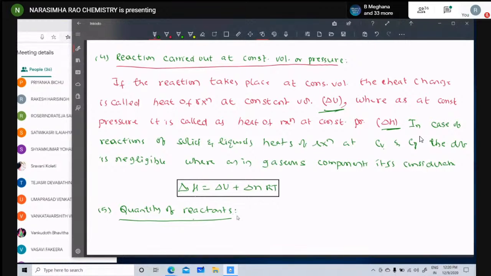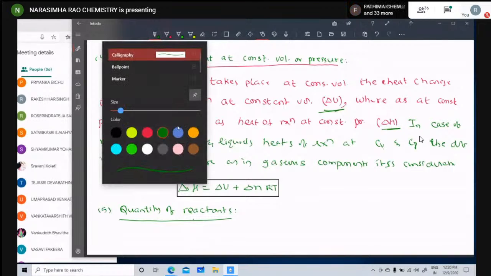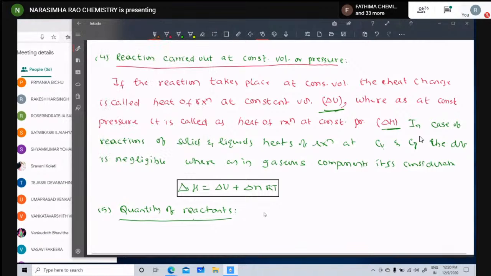It compulsorily depends upon the quantity of the system. So maximum quantity, maximum enthalpy of reaction; minimum quantity, minimum enthalpy of reaction. So enthalpy is an extensive property.